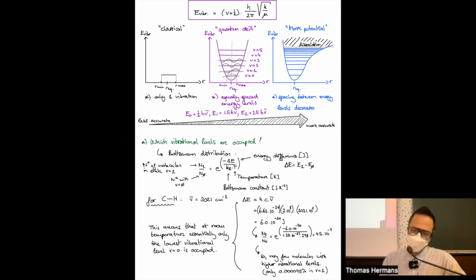And we talked about this in the first class. You can use the Boltzmann distribution. In the first class, we were trying to see if electronic transitions were probable or improbable based on the Boltzmann distribution. We can do the same thing for vibrational levels.